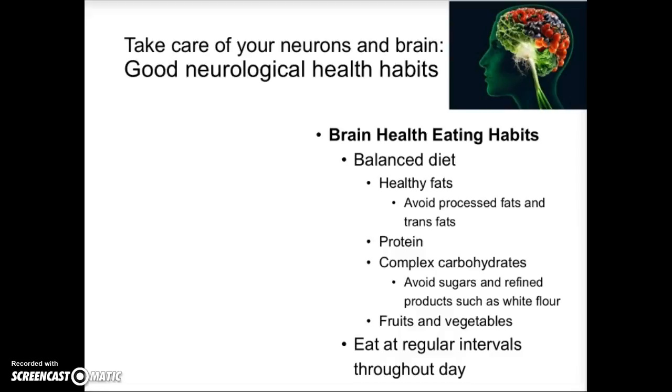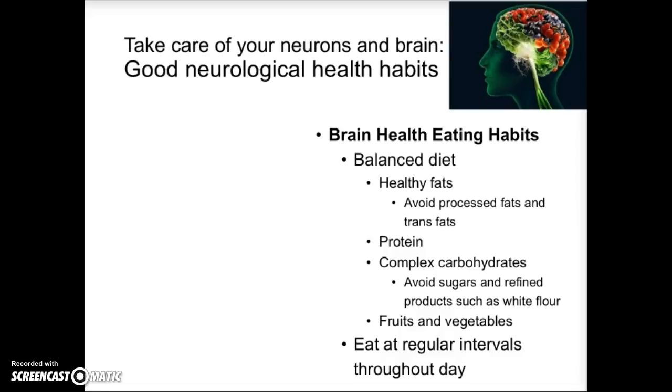Fat is really important in the brain because it's part of the insulating material on the axons. The myelin sheath is made of fats. So we need fats, but they should be healthy fats, like omega-3s and omega-6s. Things like the types of fats you find in nuts and fish.